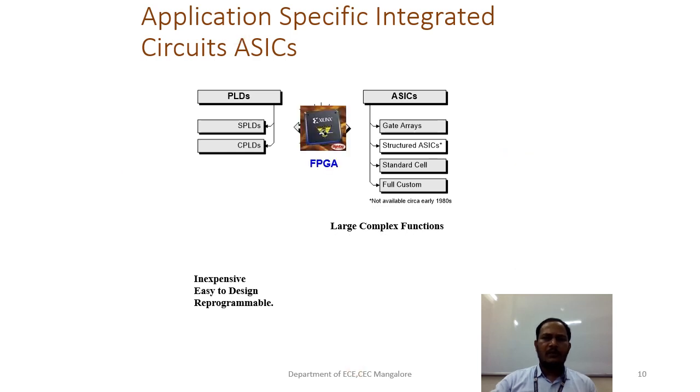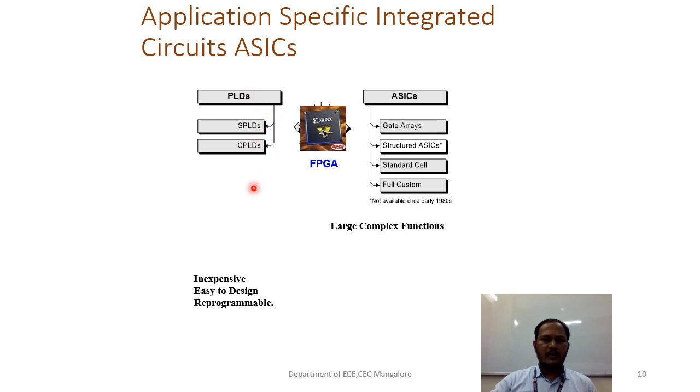Instead of going to PLD or ASIC, in the middle you have the FPGA, the field programmable gate array. You can have a large number of gates in an FPGA, and the time to market is also reduced.